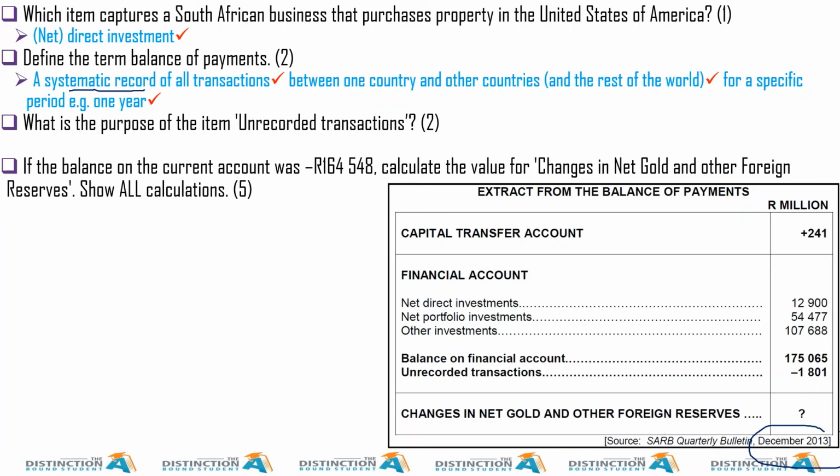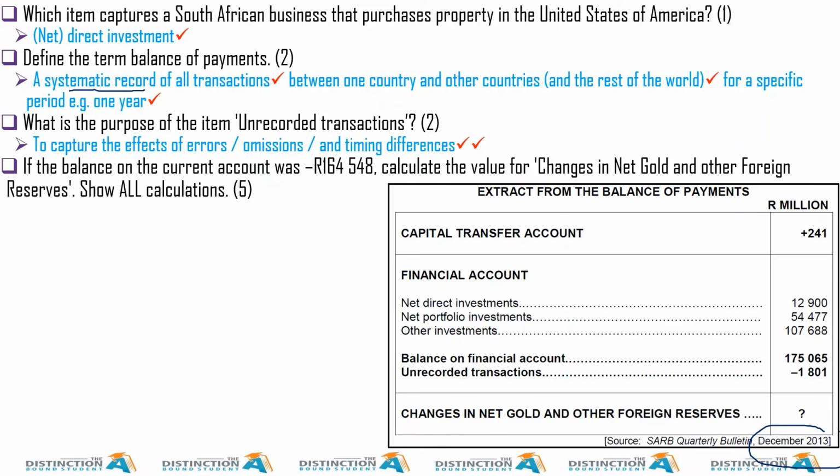How is it recorded? Systematically. So it's that record of our transactions with everyone else. So it has to balance, and sometimes we'll see it is in deficit. What we want is a surplus on the current account, but we normally just see a deficit.